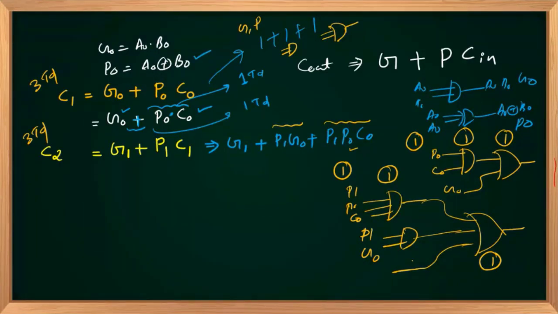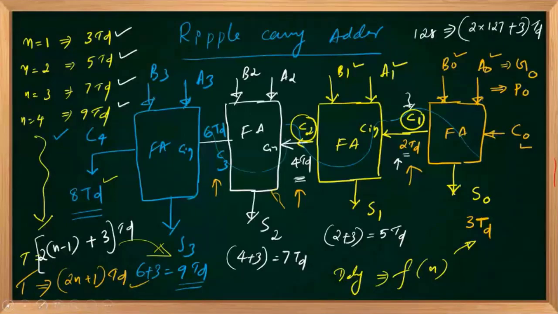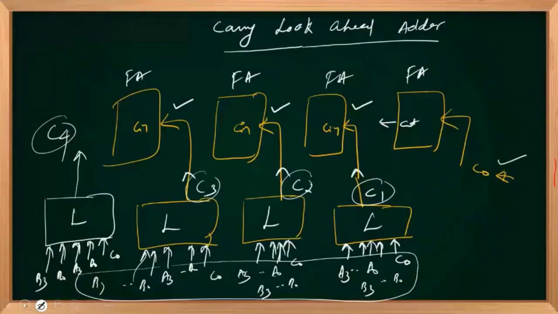Two stages, then also for carry out, it is three time delays. Our problem was the carry input to the next stage will get delayed, so that some output will also get delayed, right? Now we are directly connecting the carry outputs. So C1 will be available after 3TD, C2 also 3TD, right?